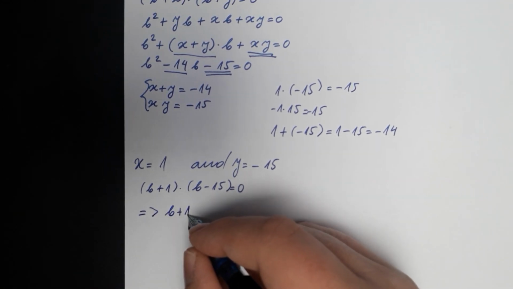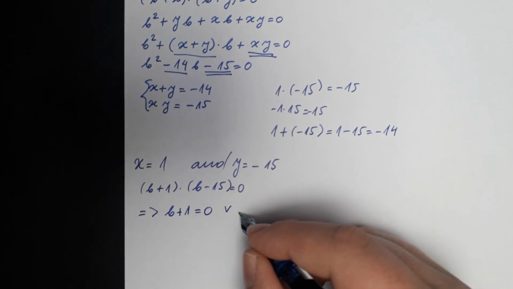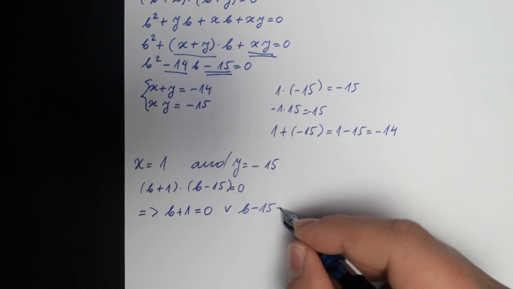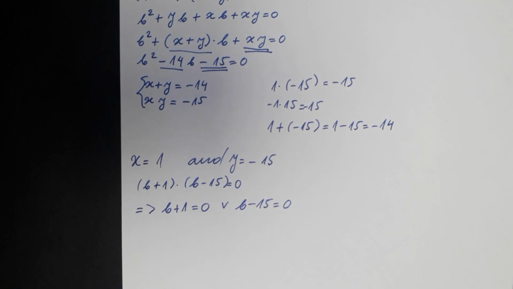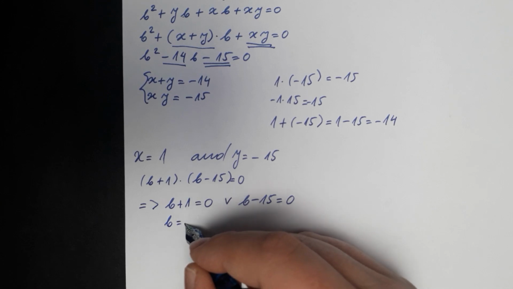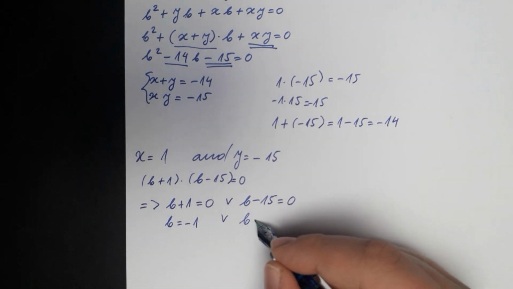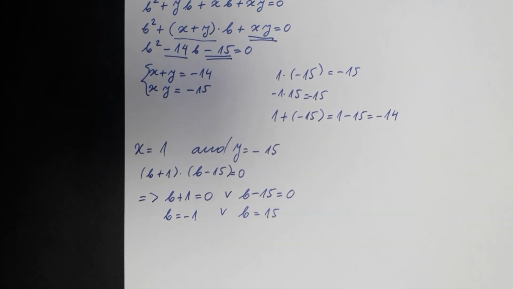So b plus 1 is equal to 0 or b minus 15 is equal to 0. As you can see now, we have split this one equation into two equations, and when we solve the two equations, we get that b is equal to negative 1 or b is equal to 15.